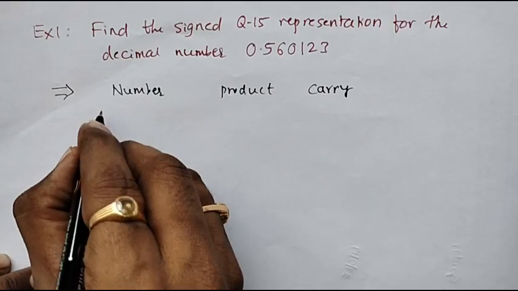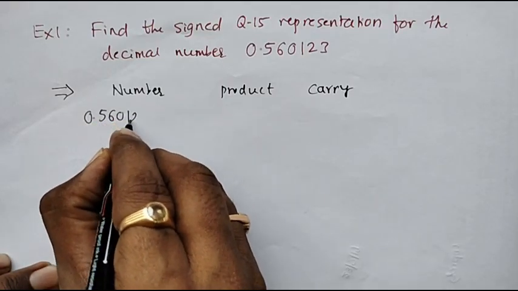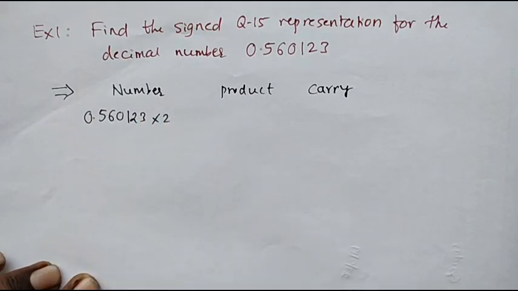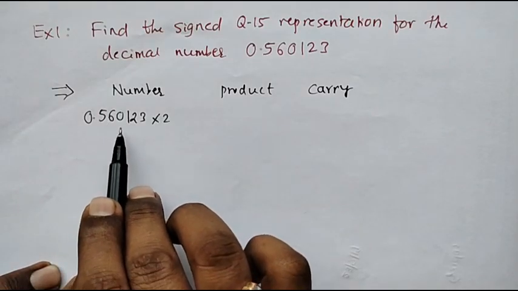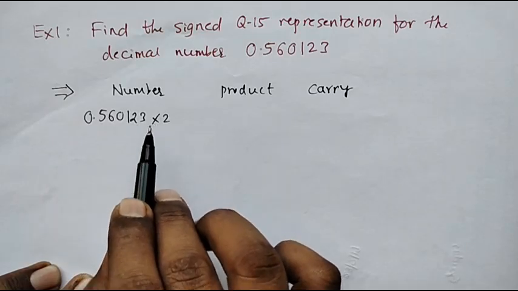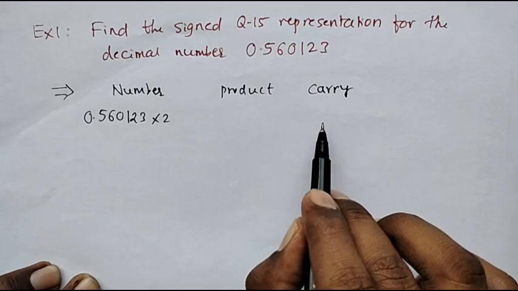First note down the number: 0.560123. Multiply this number by 2. In Q15 format, we are supposed to multiply the given decimal number 15 times, so that each multiplication gives one carry. All those carries are then represented together.